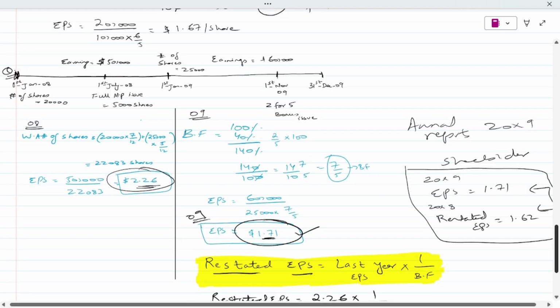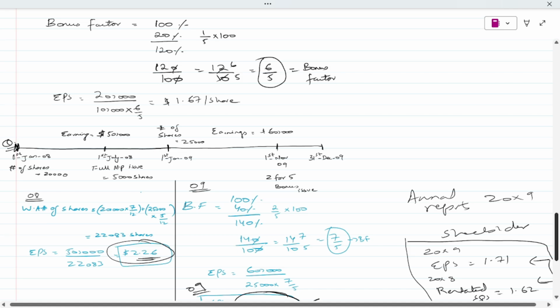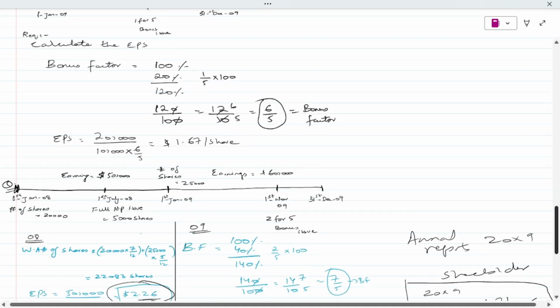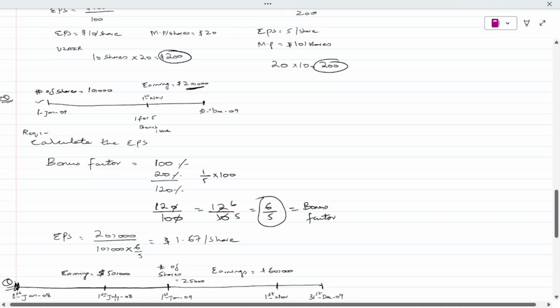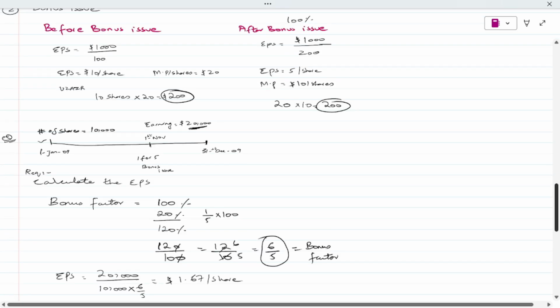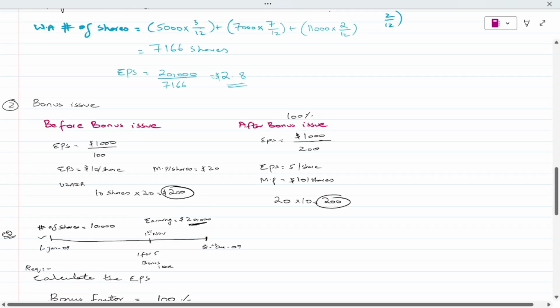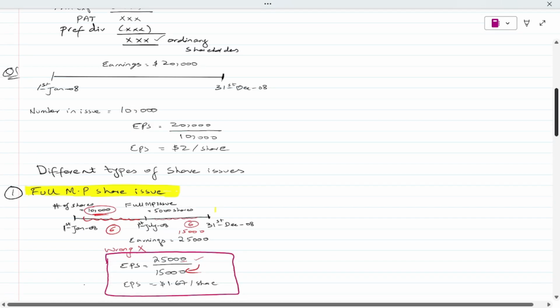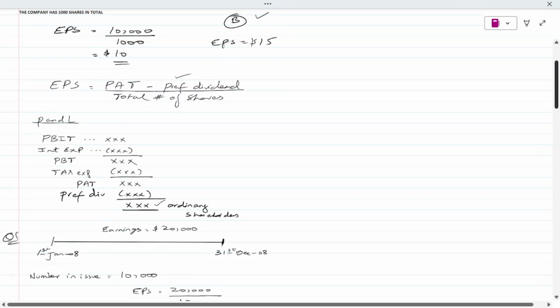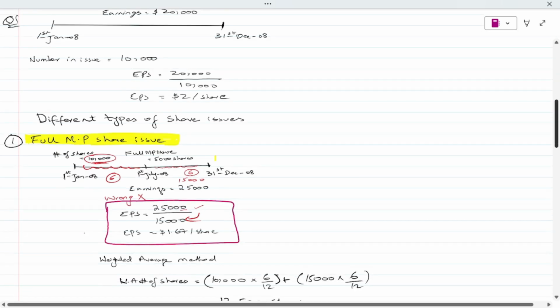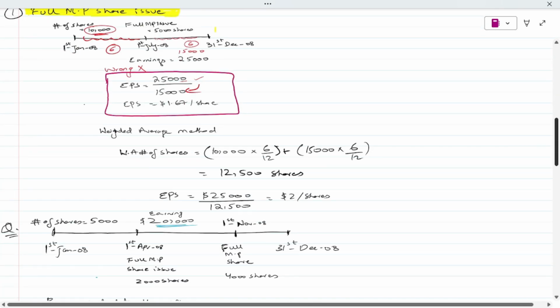So this was it for today's class, because there is much more and we cannot cover that in one lecture. So there are going to be, I think, 3 to 4 lectures in which I'm going to try to complete this entire chapter and this entire standard, this entire area in the same detail as I have done today. Okay. So we learned what is EPS, we learned how to calculate EPS, we looked at how to tackle the full market price share issue, right?